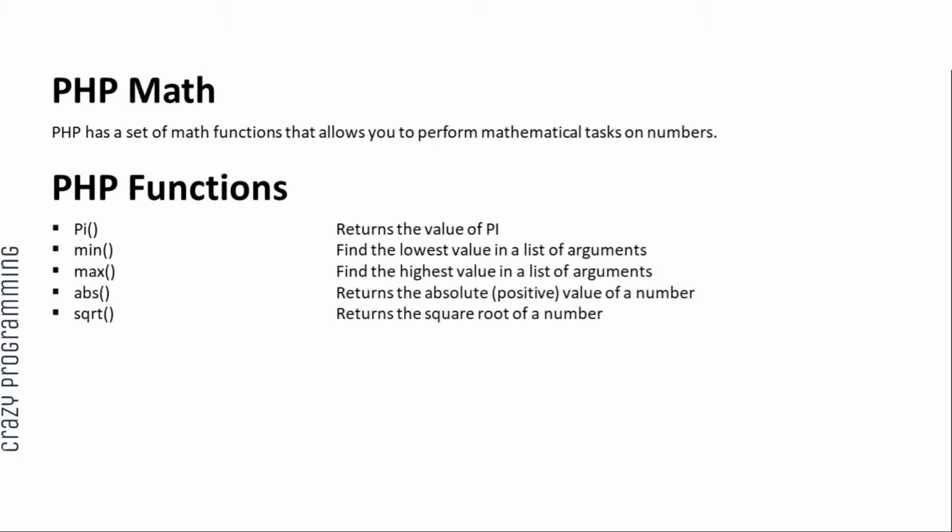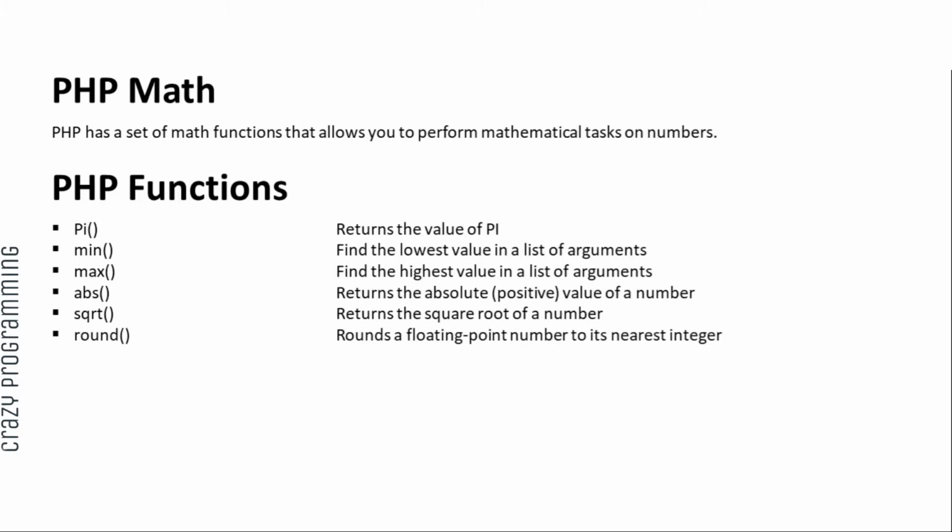It returns the square root of a number. Say I want to find the square root of 30, it's hard to calculate, but using this function it's very simple. I will show you in the practical section.